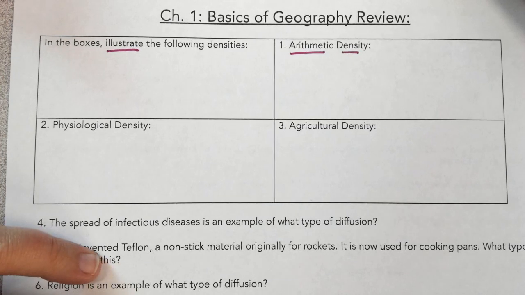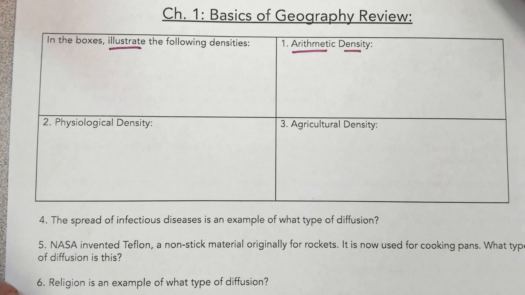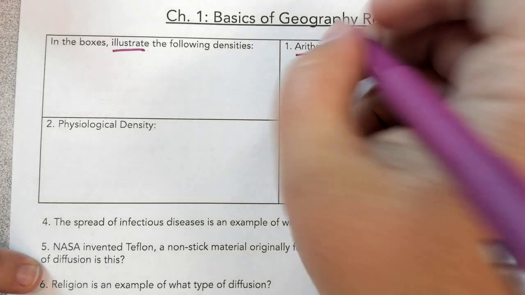First of all, when we're looking at arithmetic density, arithmetic density refers to the total number of objects in an area.